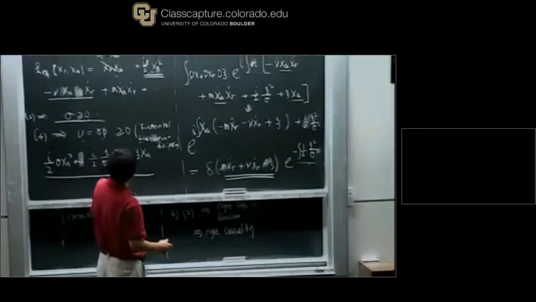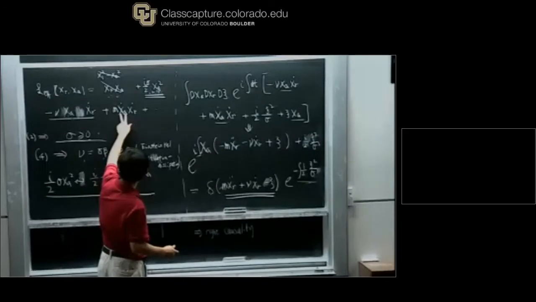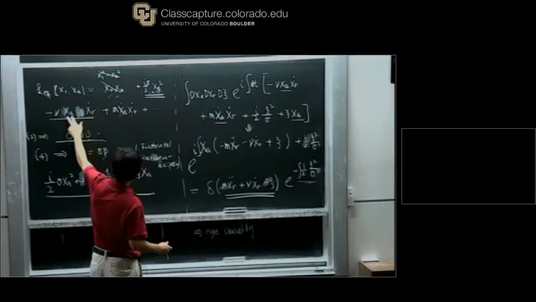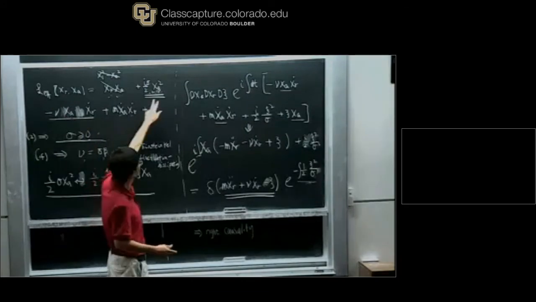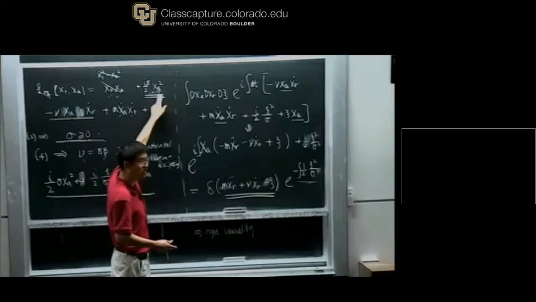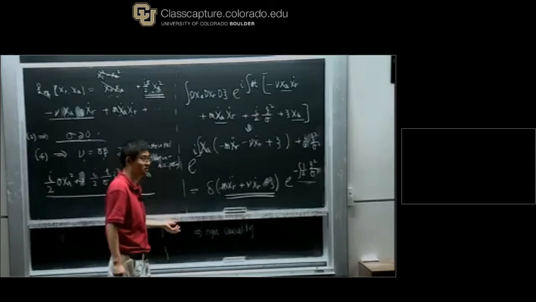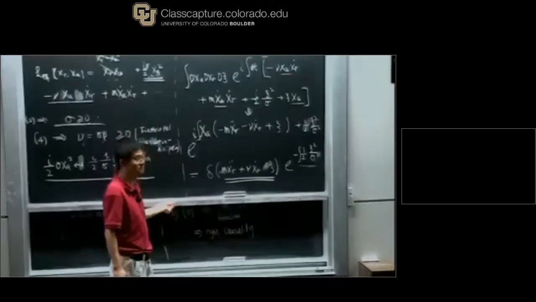When you do the equation of motion, this gives you an X double R term, so this gives you a friction term, and then you get the XA term. When you set XA equal to 0, then the source is equal to 0.